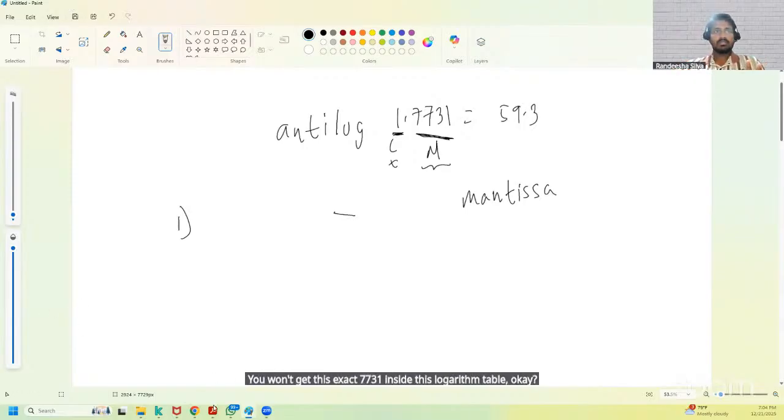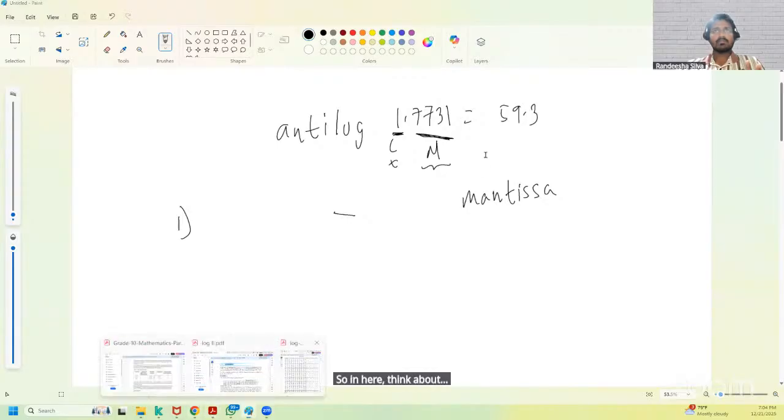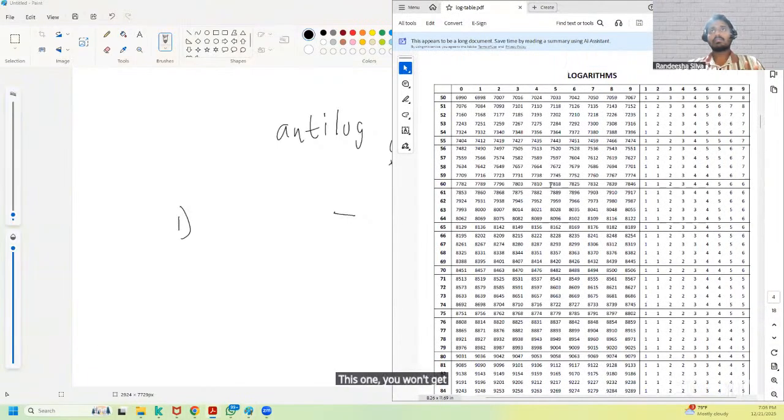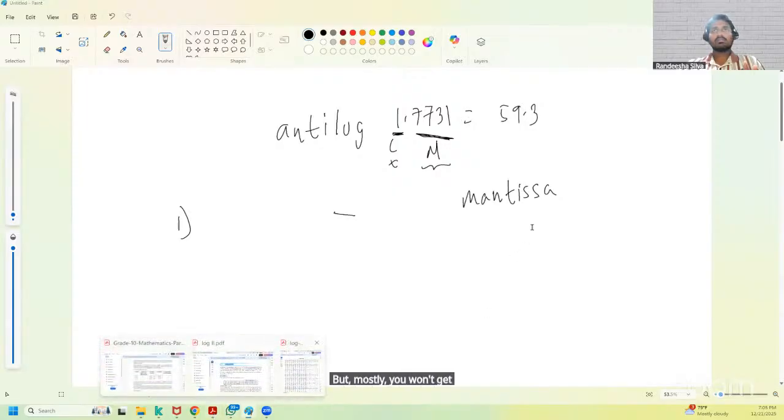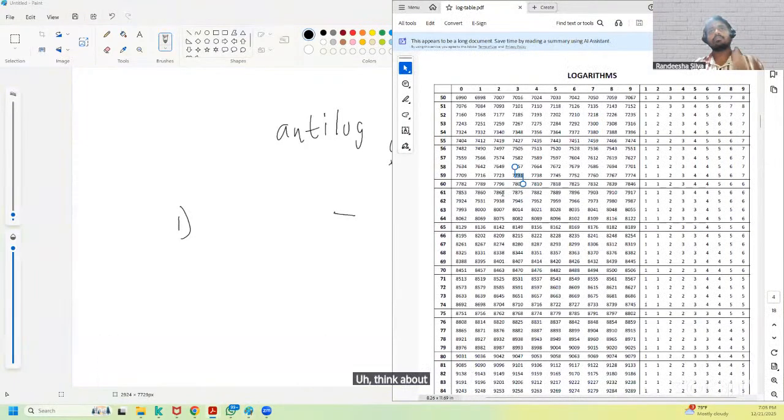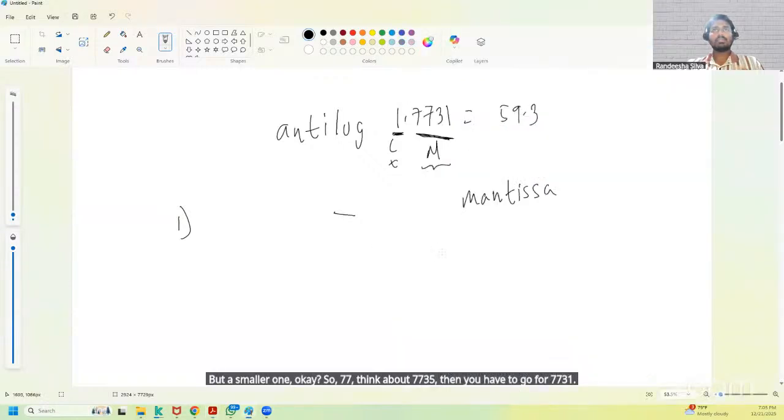Think about you are finding 7735. 7735 is not here. So then what you have to do? You have to find the closest four-digit number to your mantissa, but a smaller one. So for 7735, you have to go for 7731, like that.